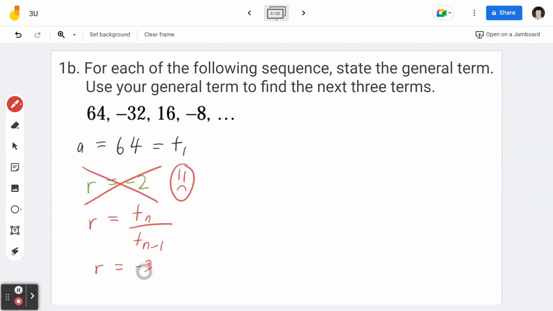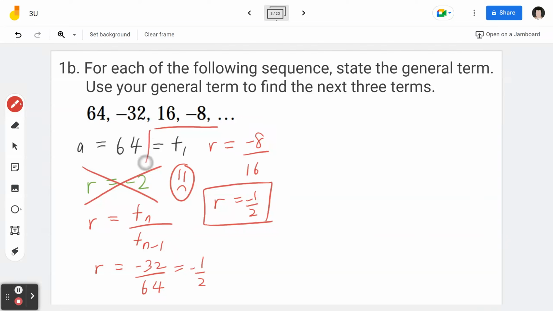So you can say negative 32 divided by 64, which will give you negative half. Again, if you do it one more time, and it could be any two numbers, let's say these two numbers, the common ratio is going to be negative 8 divided by 16, which is going to be negative half. The fact that you did a choice confirms it is definitely an example of a geometric sequence.